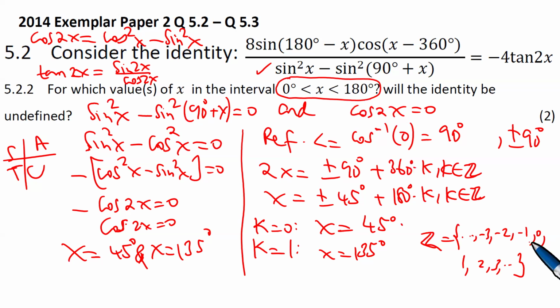But obviously it makes sense to try the -1. I tried -1, and I could realize that it's going to give us 180 degrees times -1, which is minus 180. Even if you say minus 180 plus 45 is minus 135, minus 135 does not lie between 0 and 180.